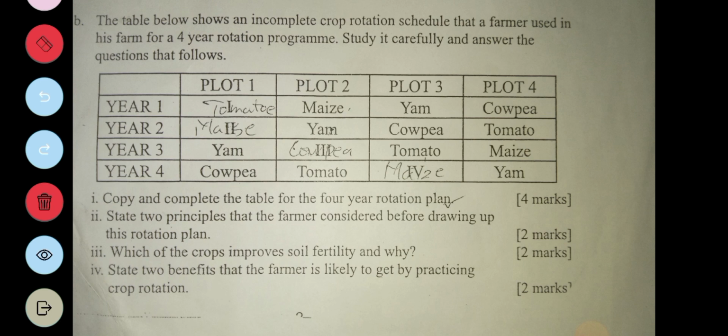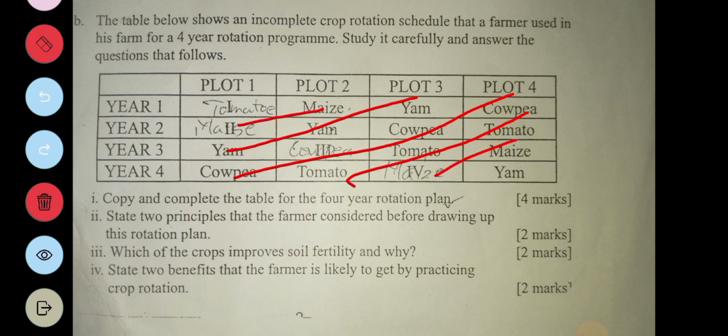Now, with the crop rotation program, the trick is to always fill the crops diagonally. So you can see the pattern. For yam, moving in this direction, for cowpea, also moving in this direction, for tomato, also moving in this direction, and then maize as well. You can see maize here as well. So always fill in the diagonal.